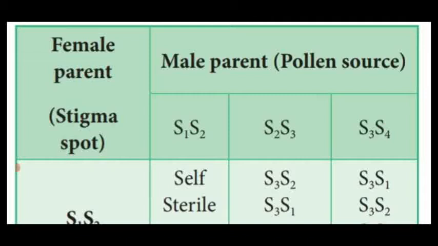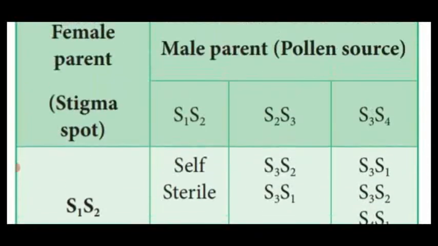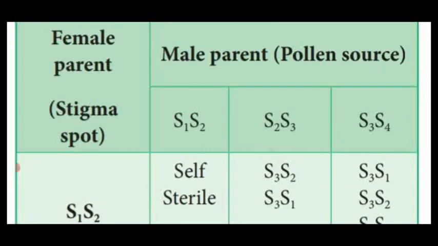See the table column. Female parent, that means stigma. Male parent, pollen source. So the alleles are the same: S1, S2, S2, S3, S3, S4. Here also S1, S2, S2, S3, S3, S4, because the tobacco plant contains how many alleles? 4 alleles, and the fifth one is also there, but they have taken only 4 multiple alleles.